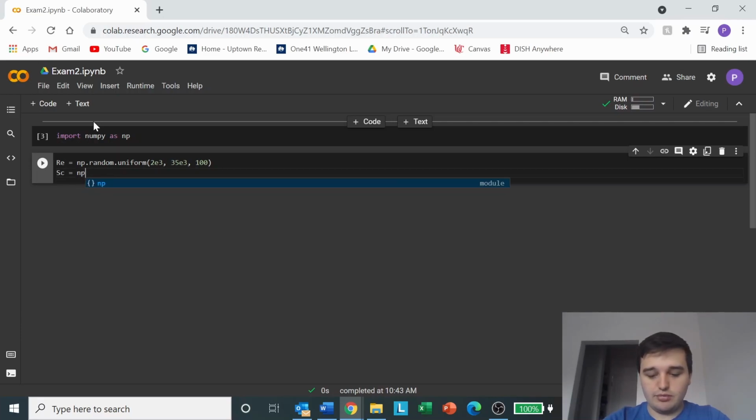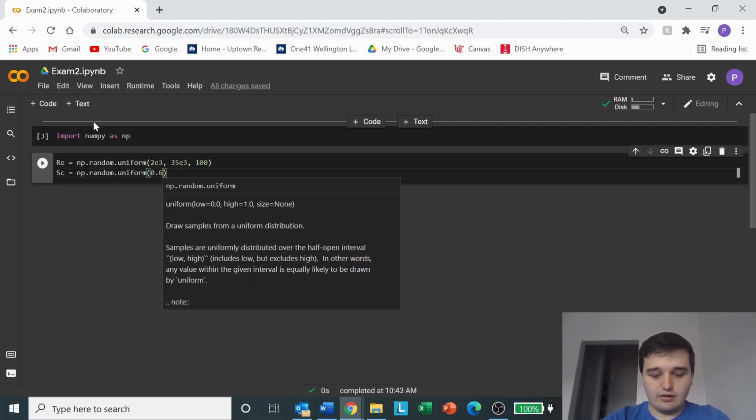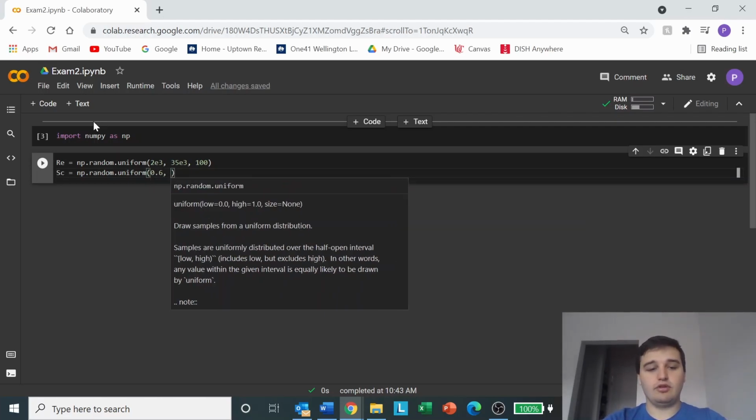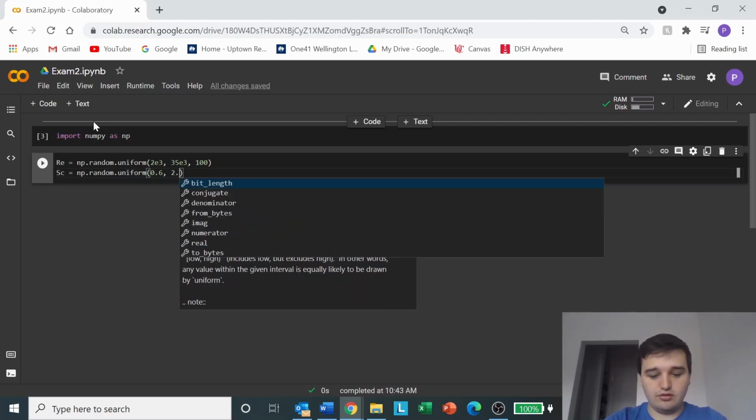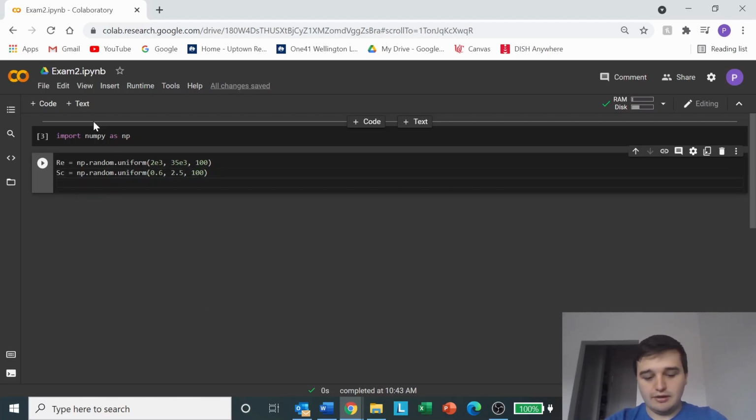It needs to be np.random, and again a uniform distribution so that each number is equally likely of being drawn. And again, this is from the textbook. This relationship only works for Schmidt numbers from 0.6 to 2.5. And again, we want to pull 100 data points, or size is equal to 100.